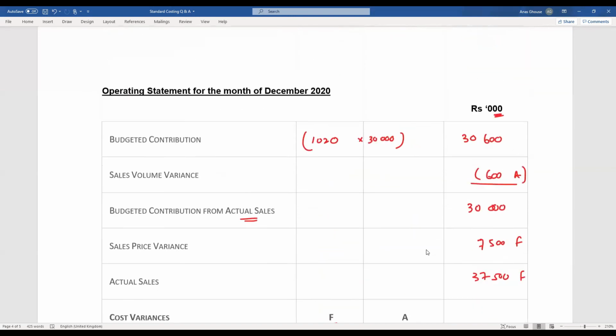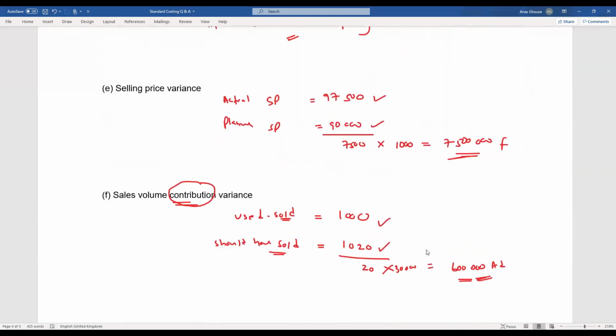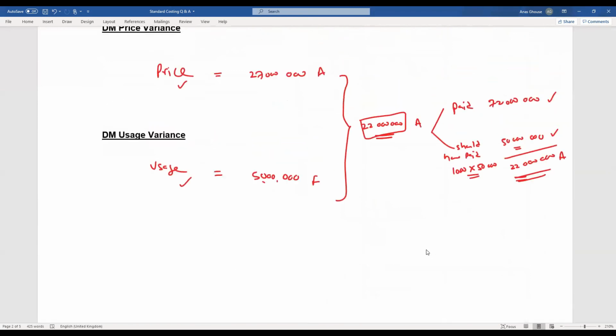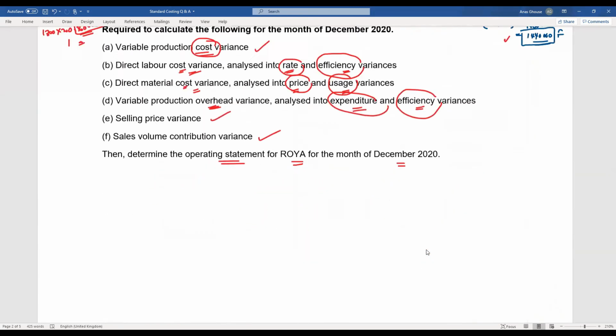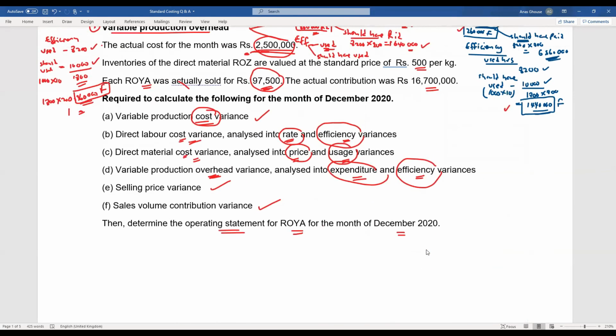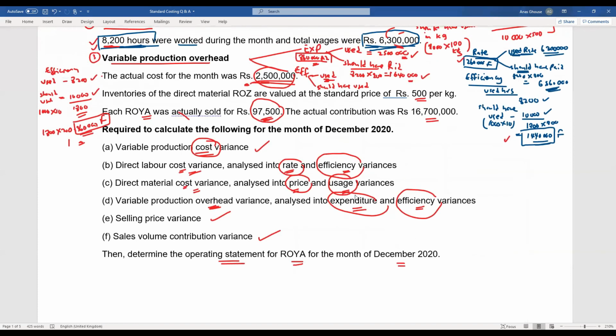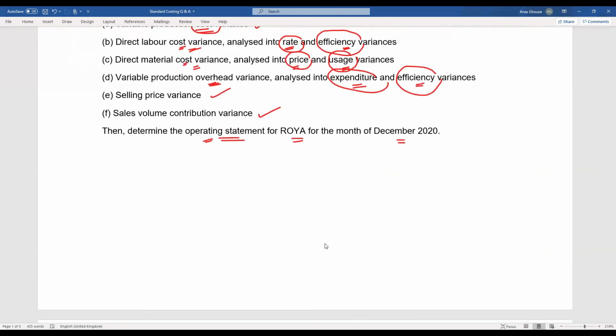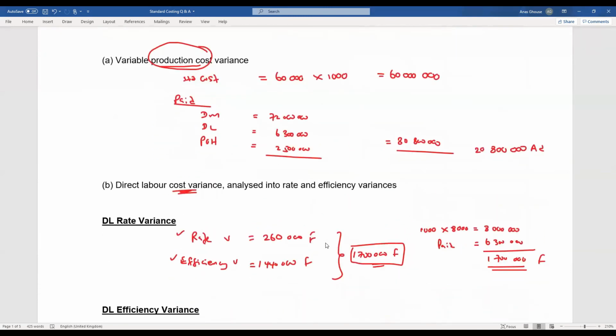Which is equal to the actual contribution they have already given, 16,700,000. So this is what we have reconciled in the operating statement, considering all these variances.